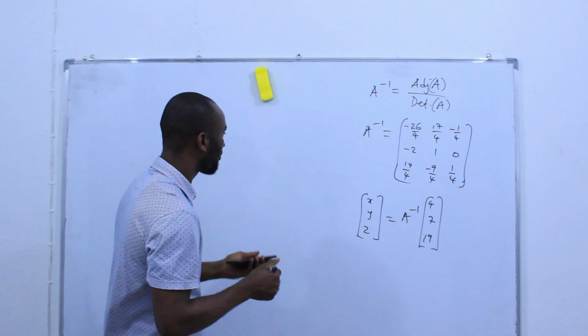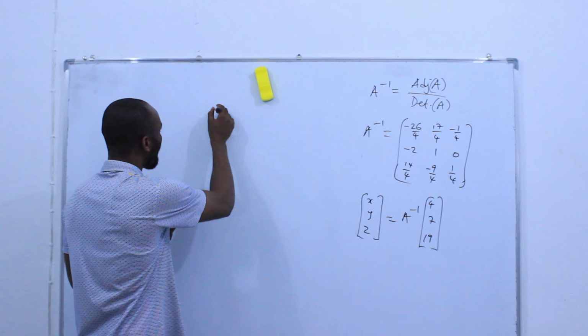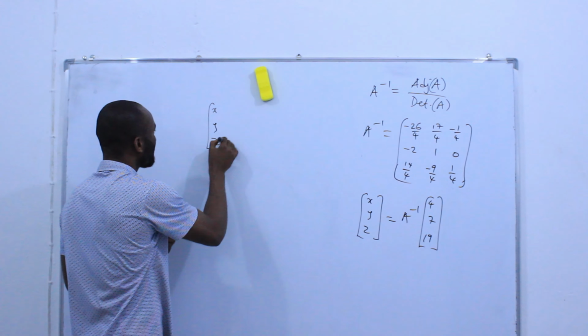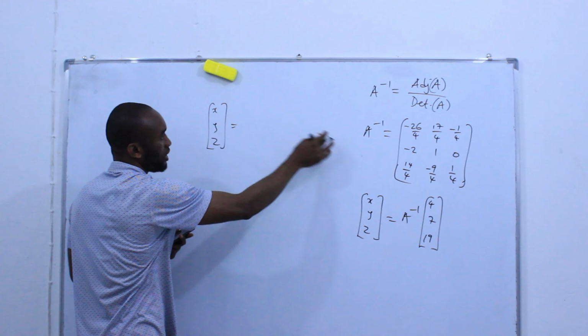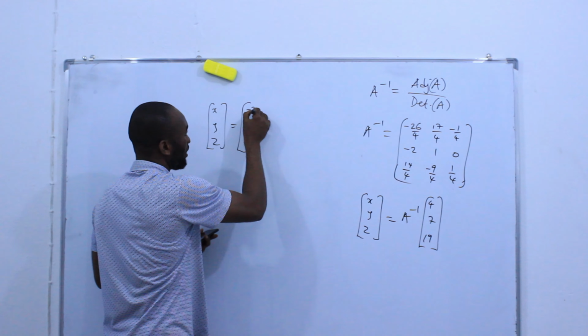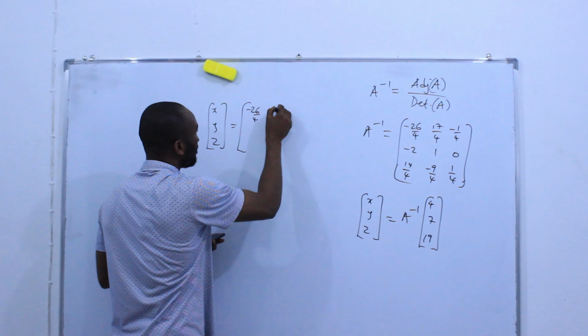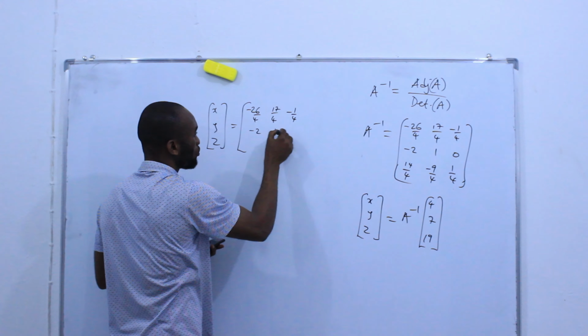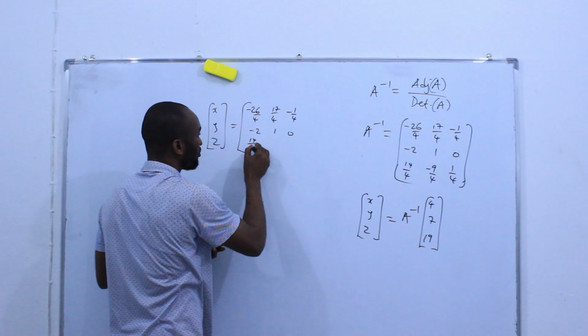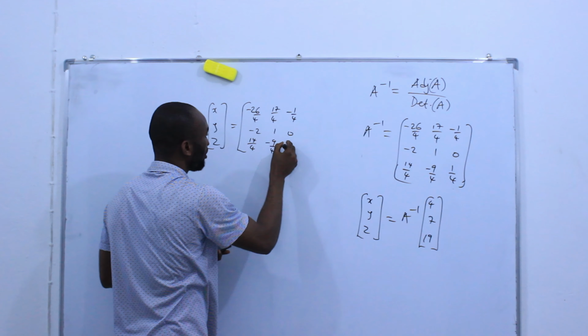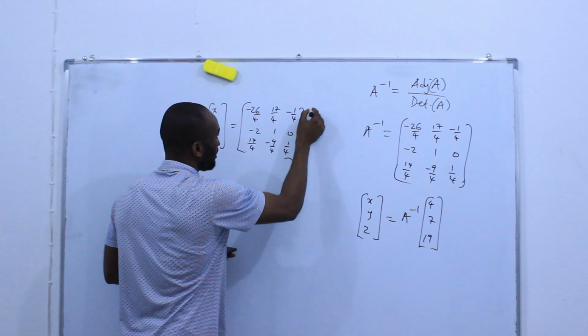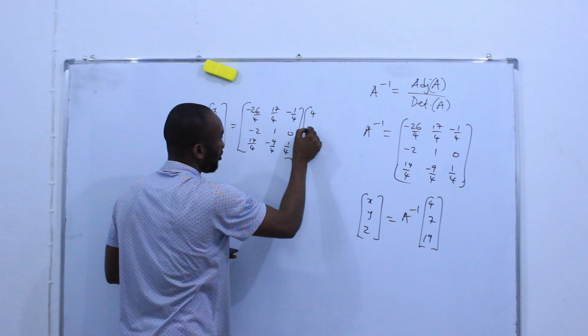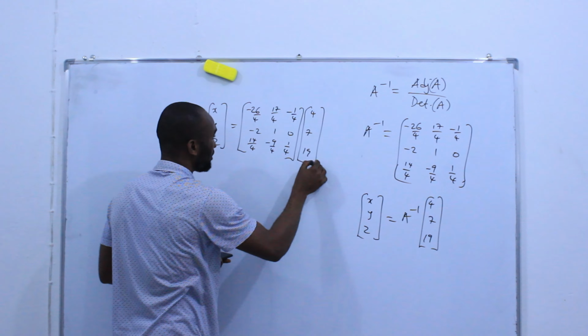Now that we have A inverse, we put it in there. We have x, y, z equal to A inverse, which is minus 26 over 4, 17 over 4, minus 1 over 4, minus 2, 1, 0, 14 over 4, minus 9 over 4, 1 over 4, times 4, 7, 19.